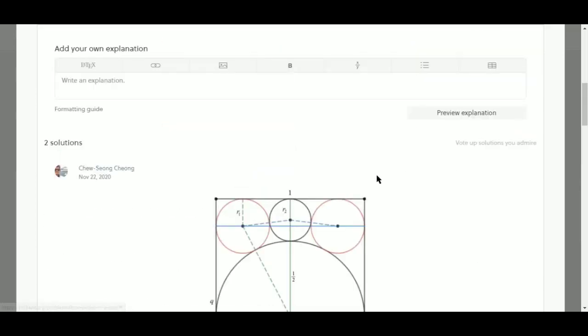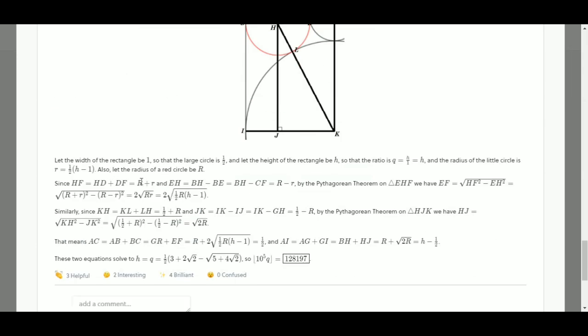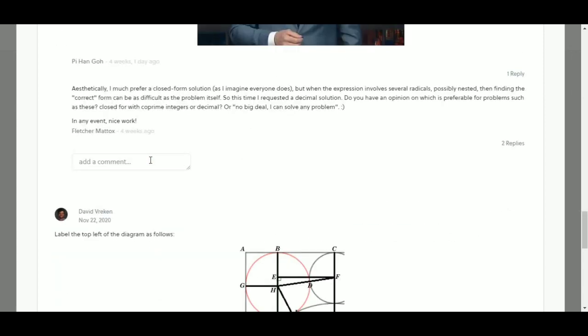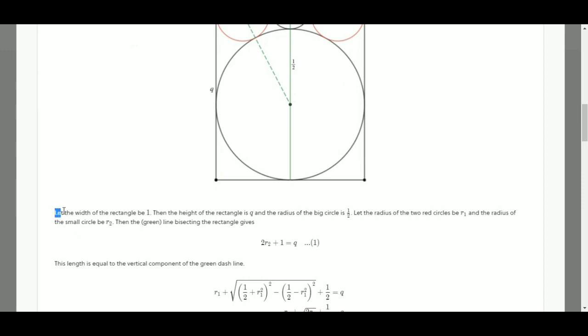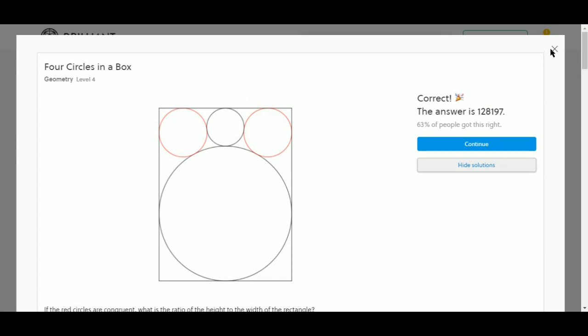And if we go to discuss solutions, there are two solutions over here, and in both solutions they consider the width of the rectangle to be 1, and in the solution above we also consider the width of the rectangle to be 1.